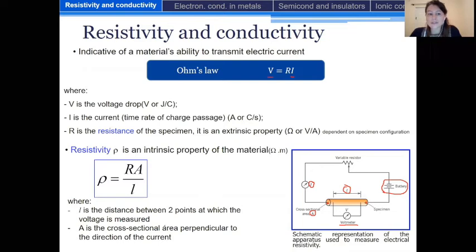So the resistivity is equal to the resistance of the specimen times the area of the cross-section, which is perpendicular to the direction of the current, divided by L, which is the length between the 2 points at which the voltage is measured. So the resistivity is an intrinsic property of the material, and it is given in ohm meters.